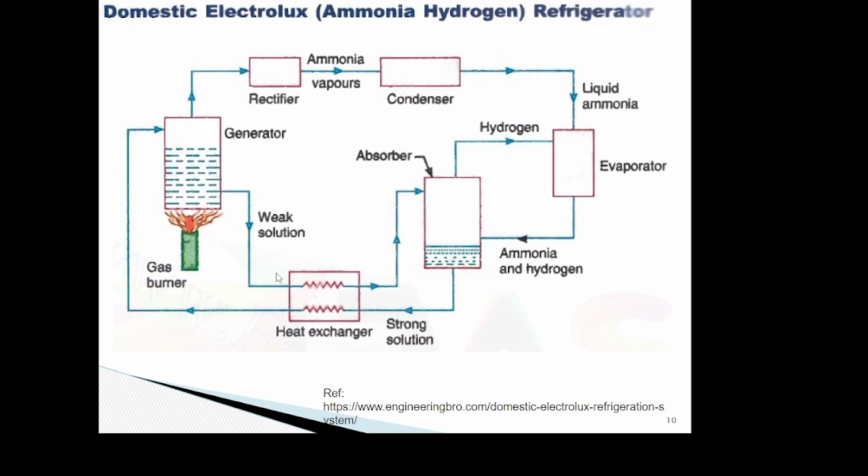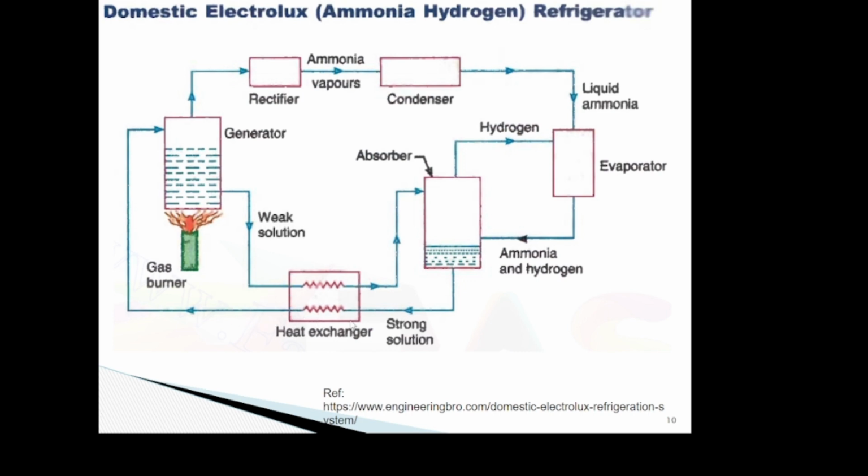So here we have installed a heat exchanger. The main reason for providing this heat exchanger in this assembly between the generator and absorber unit is that, as we know, the weak solution, that is the water solution, is carrying higher heat along with it, and this heat is just a waste amount of heat, and inside the strong solution we require the higher heat.